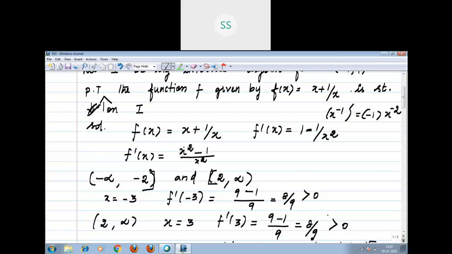You are differentiating, so you get 1 minus 1 by x square. Then you are taking the LCM, and you arrive at x square minus 1 by x square.